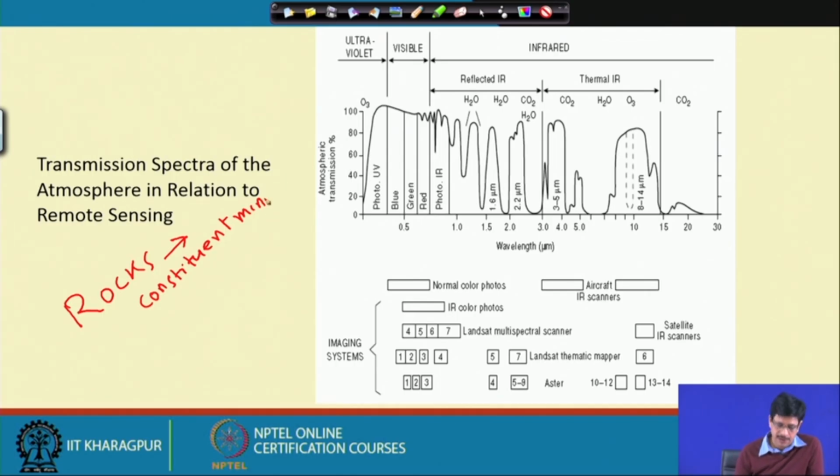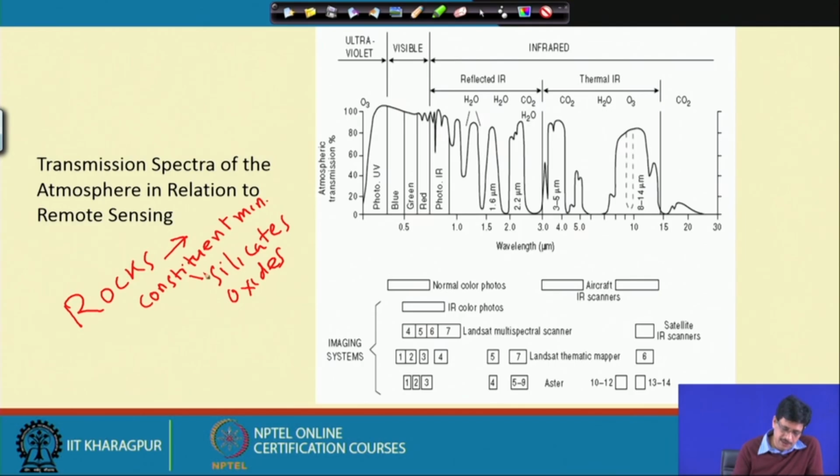So, if we could study the spectral characteristics of the constituent minerals of such rocks, these are mostly the silicates, and sometimes some specific types of silicates or oxides, which could be well characterized in the laboratory, so that they could be better understood in the digital images produced from the electromagnetic spectrum received by the satellite camera.